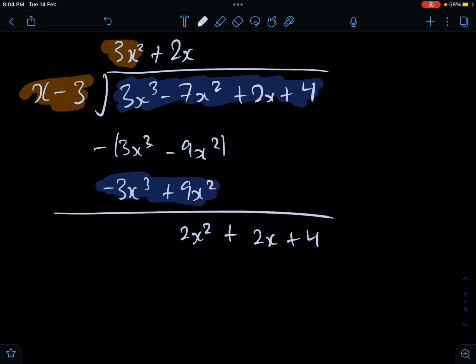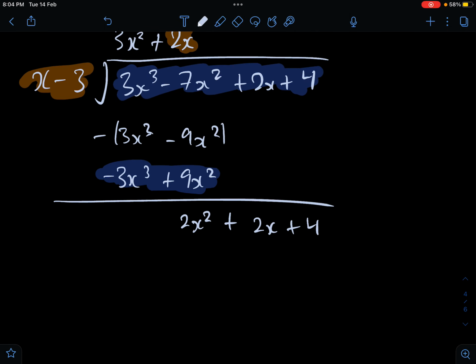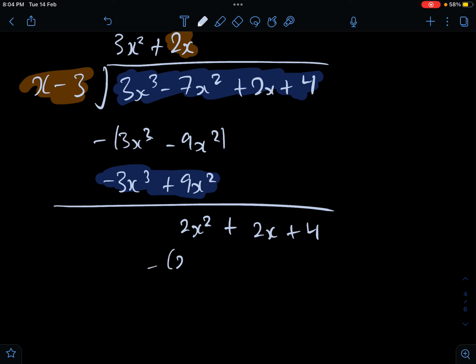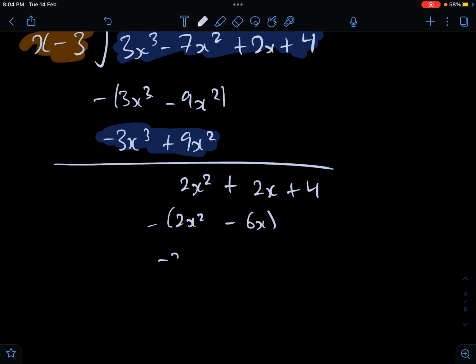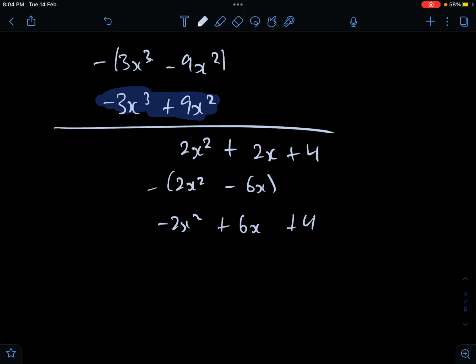Multiply the 2x by this bit here, so 2x. Two orange terms you multiply together. Bring it down here, 2x squared minus 6x. Trying to keep everything in line. I have 2x squared again. The two negatives make a positive. You get 8x plus 8.